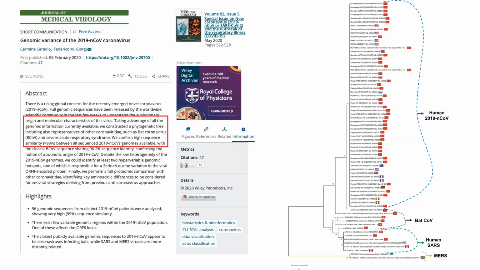How do we know? Right here, they are saying, taking advantage of all the genomic information currently available, we constructed a phylogenetic tree, right? So when they describe what they did, they are describing the analysis. Okay, so Karina is asking, so are you just speaking of data if the origin of the data is a new experiment?